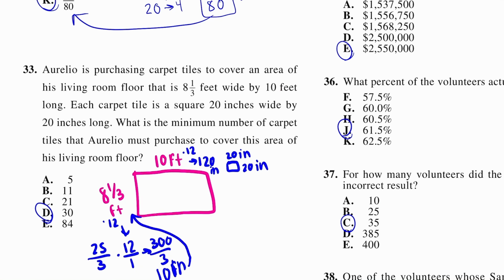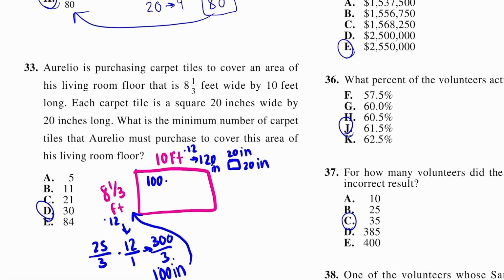I'm sorry, 100. Awesome. So the area of this entire living room right here is 100 times 120, which is basically just adding 2 zeros to it. 12,000 inches squared. That's the area of the living room.